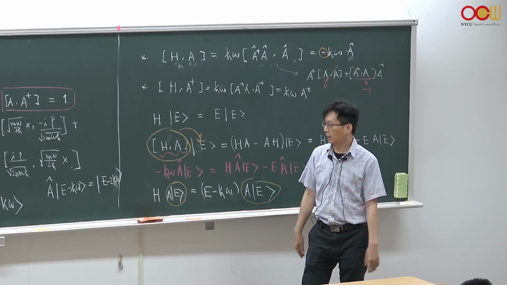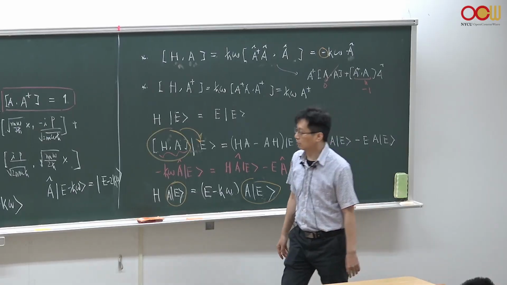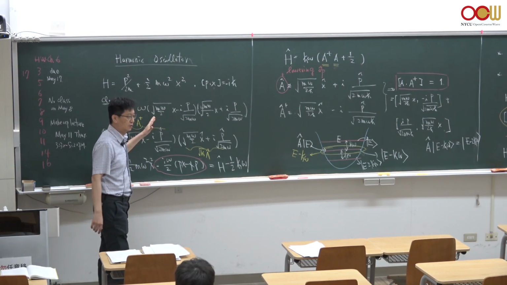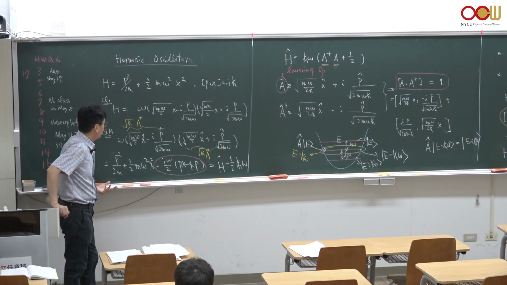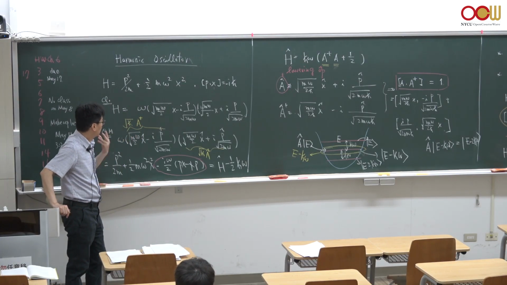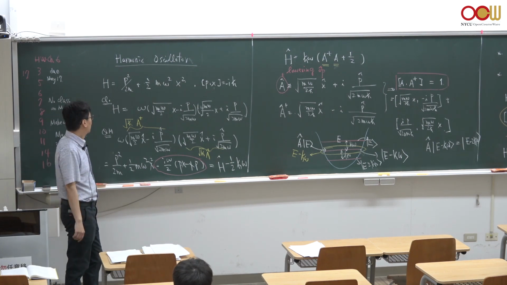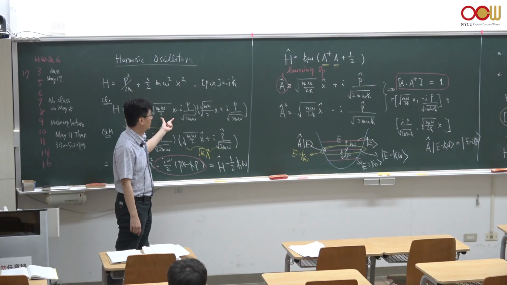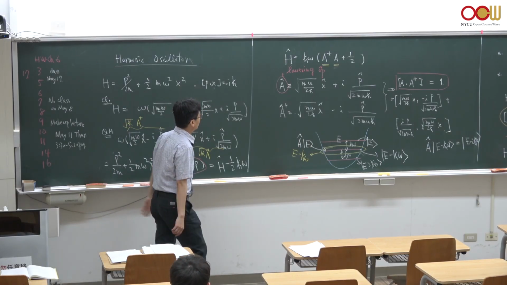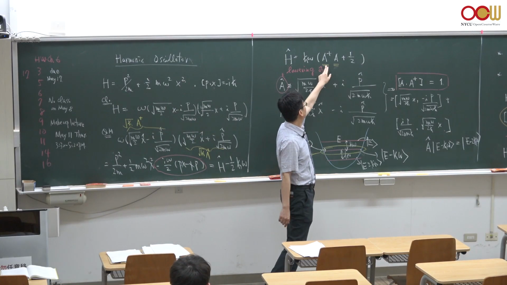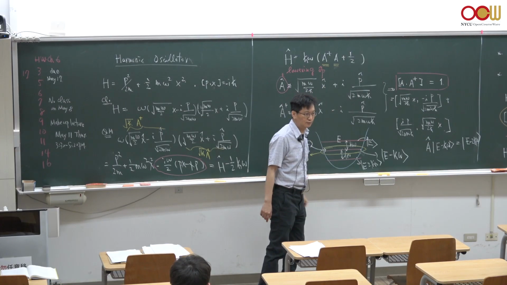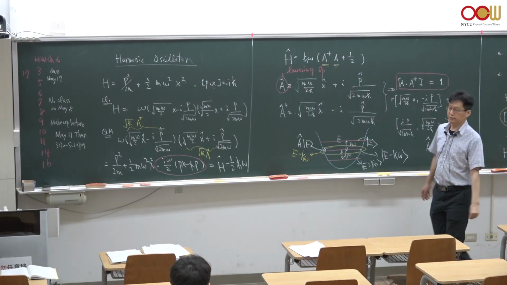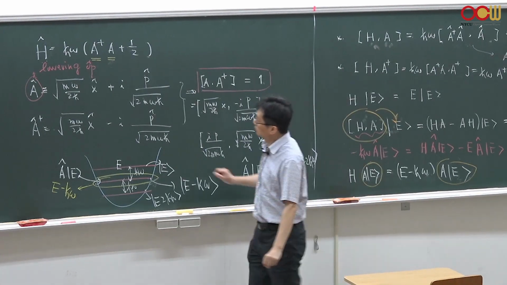There's no escape. Okay, but you may wonder, why am I doing this linear combination? Well, this is a mathematical trick, but this is a smart, educated guess that if we make linear combinations of x and p like this, like A dagger, I could simplify the Hamiltonian in terms of A dagger times A. Remember, A and A dagger are Hermitian conjugates, right? And the Hamiltonian is also a Hermitian operator.